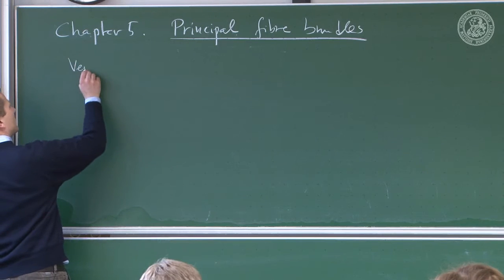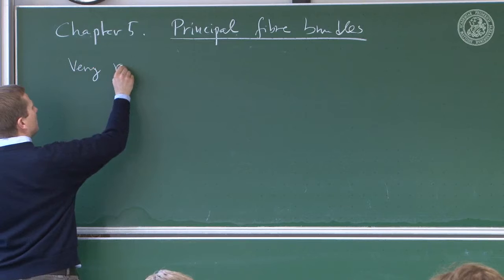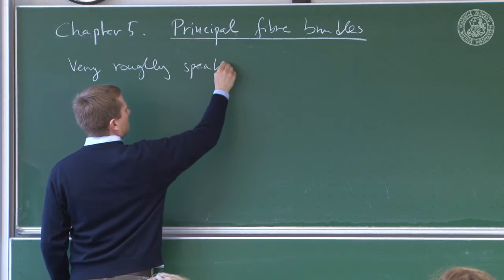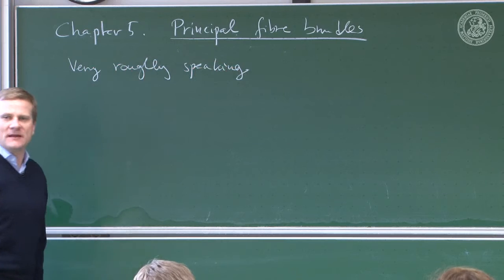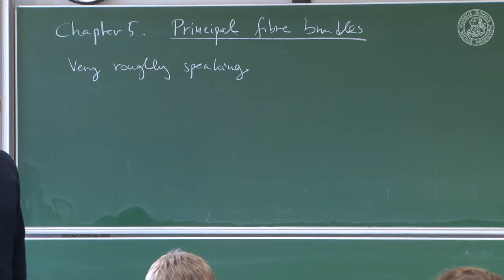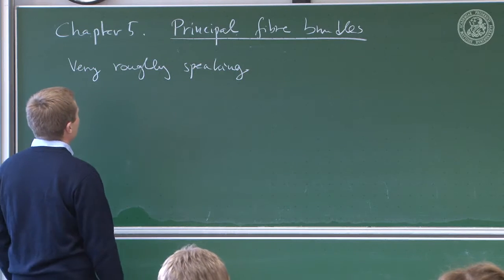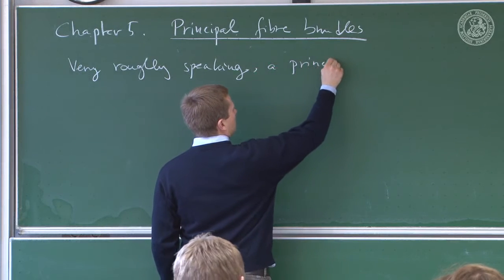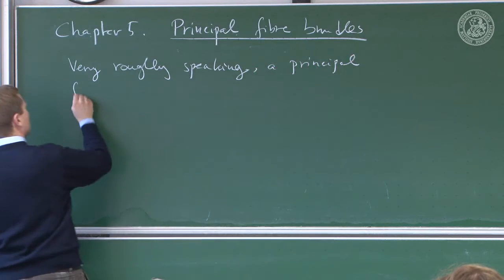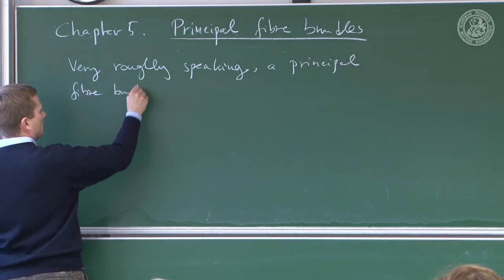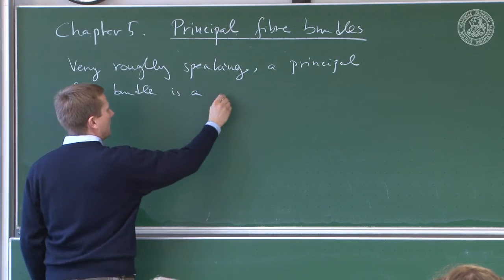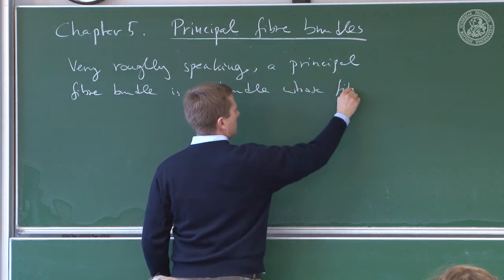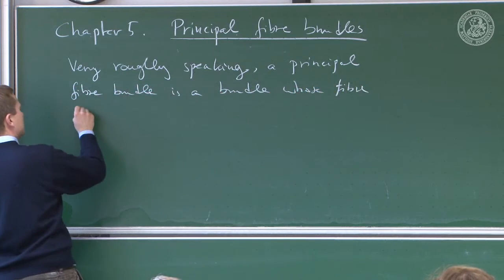So let's start by stating that, very roughly speaking, and to make this precise is, of course, exactly the point of the technical developments. But very roughly speaking, a principal fiber bundle is a bundle whose fiber is a Lie group.